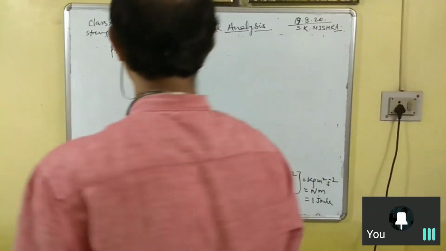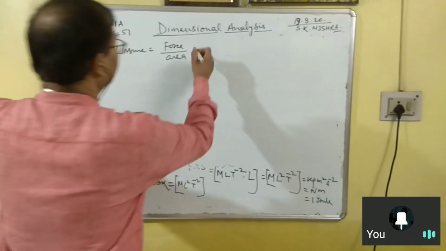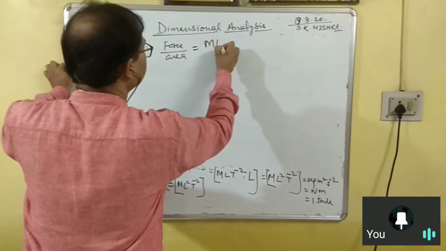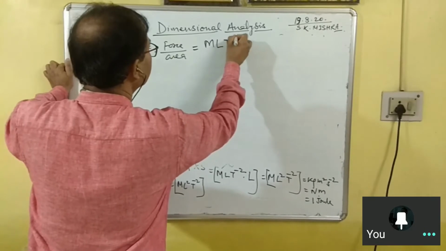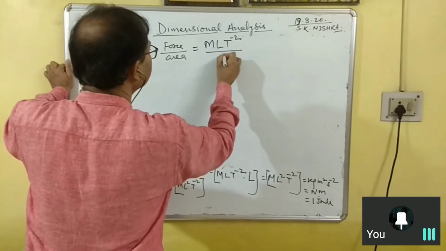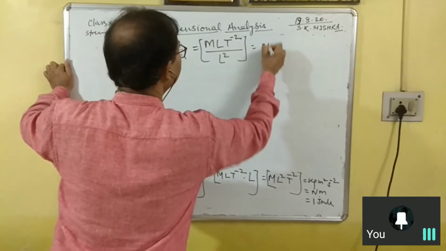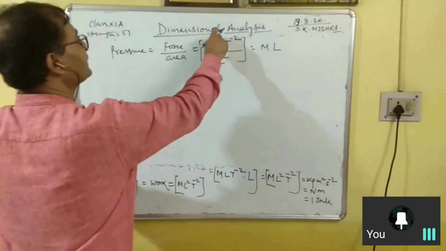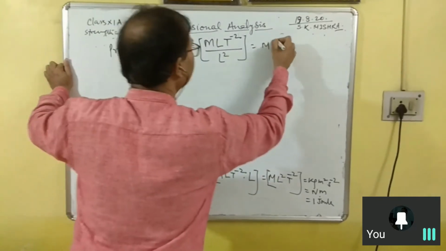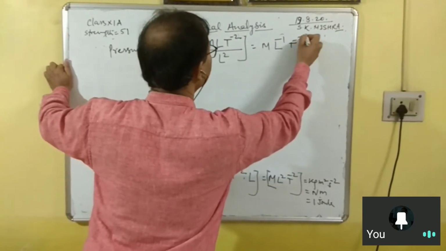So thrust by area is called pressure. Any force has the same dimension, M L T minus 2, and area is L square. So this is M L to the power minus 1, T to the power minus 2.